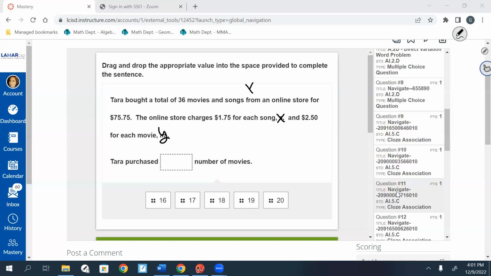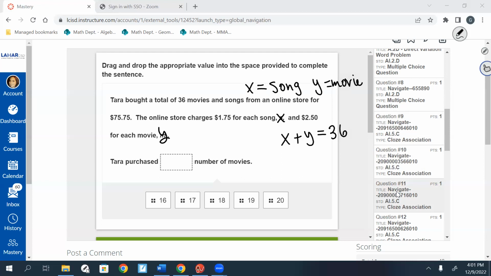X is going to be songs and Y is movies. Now, do I know how many of each? No, but I know that the songs plus the movies were 36 items total that she bought. Now we're going to use the prices.